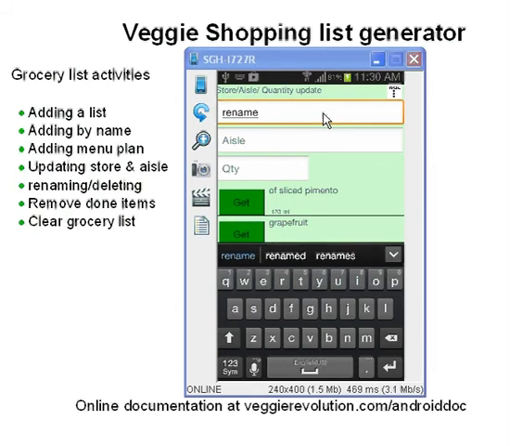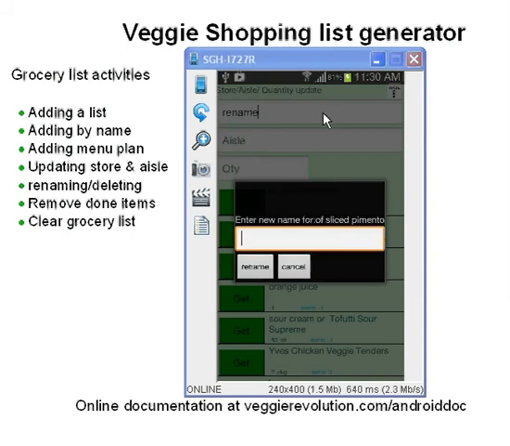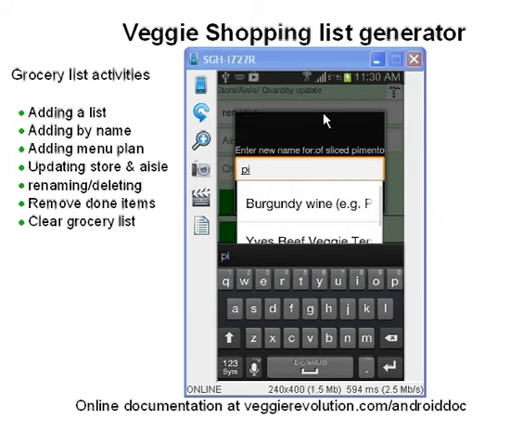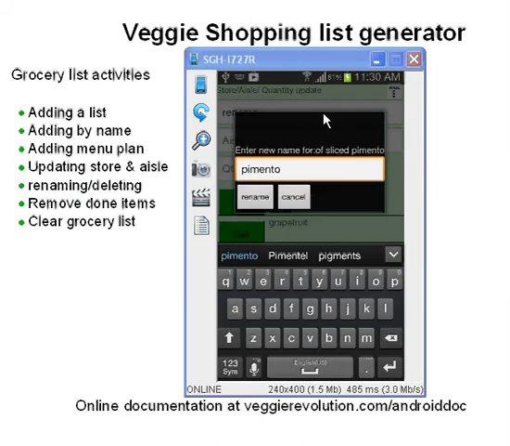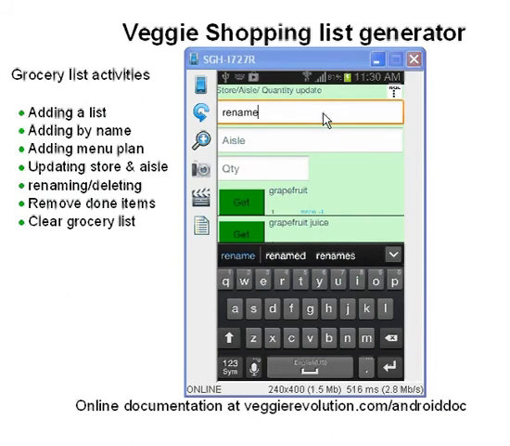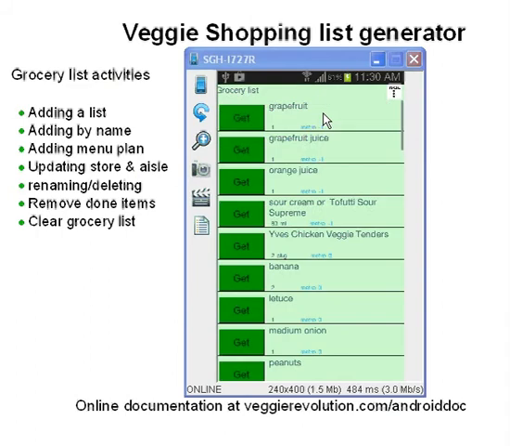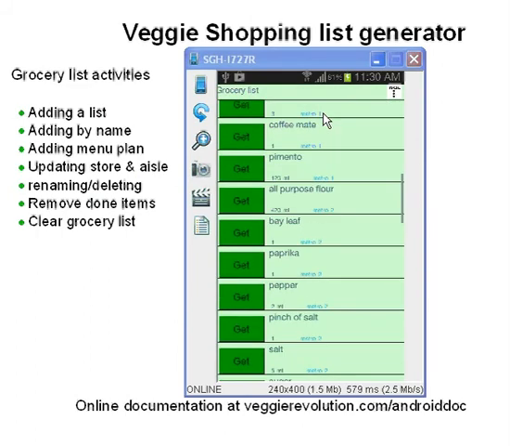So I say rename, and I select sliced pimento, and it asks me for the new name, and I'm just going to call it pimento. Here it is, and now it is called pimento. I go to the grocery list, and I already had pimento there.